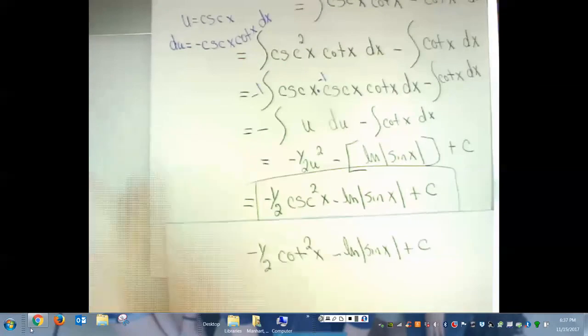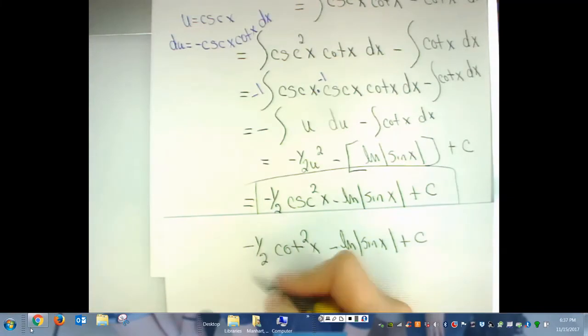It's really simple. In place of cotangent squared, I'm going to put its identity. Now the identity is cotangent squared x plus 1 equals cosecant squared x. Therefore, in place of cotangent squared x, I have cosecant squared x minus 1.